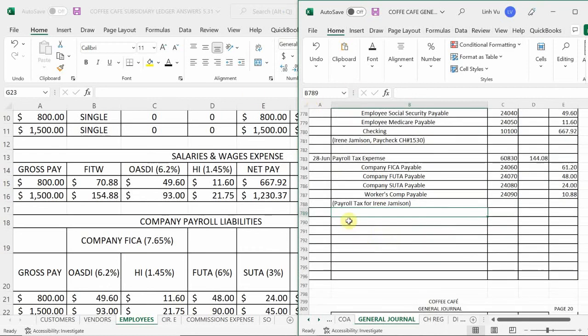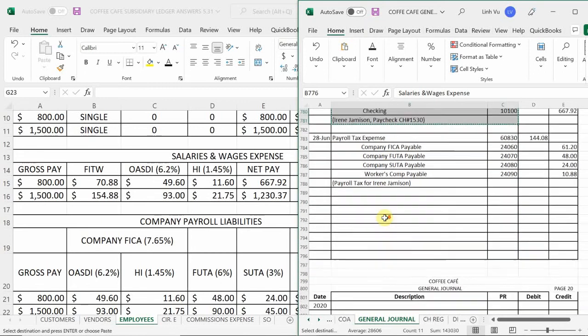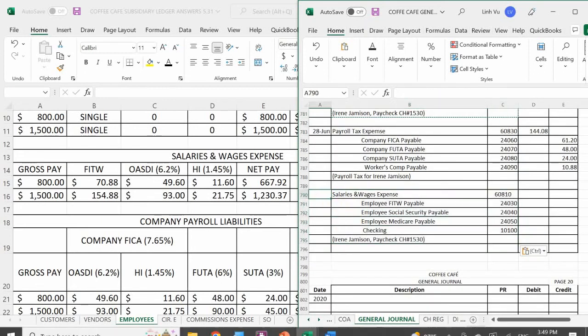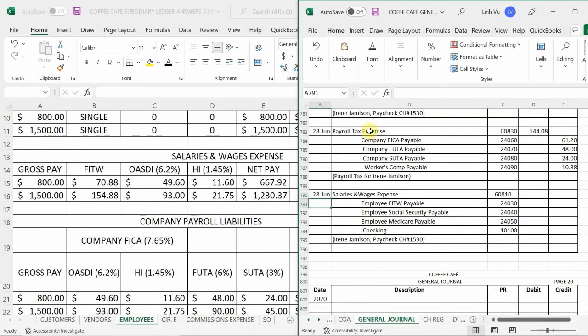As you can see in this journal, you only have space for just enough for the salaries and wages. Then you're going to have to do company taxes on the next page over.